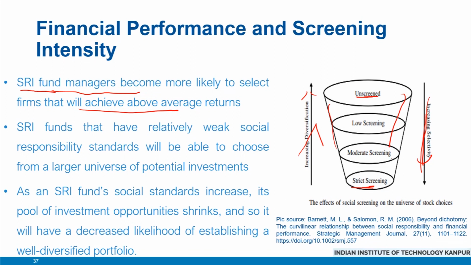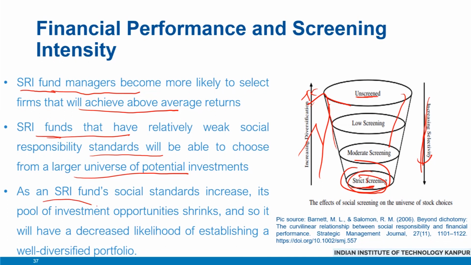But if you increase the number of screens, the screening is strict, you have a smaller universe of stocks to select from, and your diversification will be less. So the SRI funds that have relatively weak social responsibility standards will be able to choose from a larger universe of potential investments, thereby increasing their odds of achieving ample diversification, that means on this higher side, and hence improving risk-adjusted financial performance, which is aligned to the market.